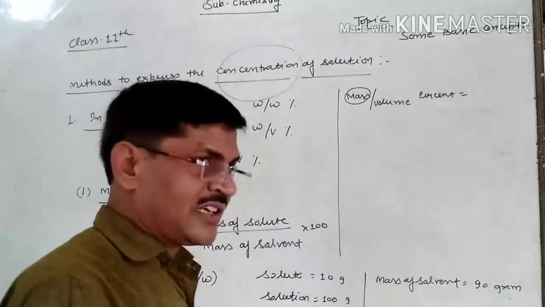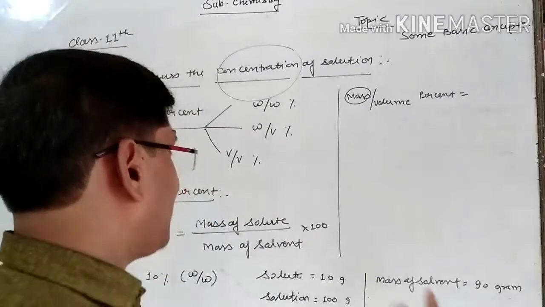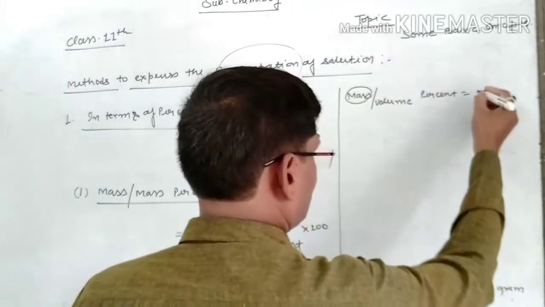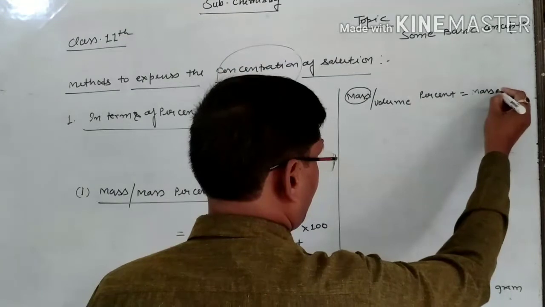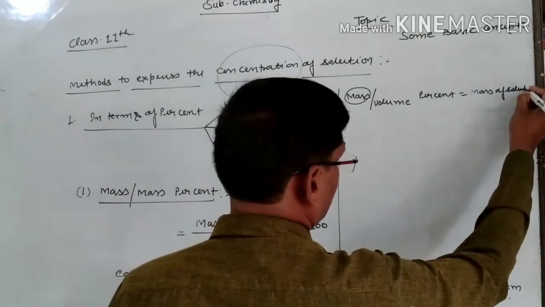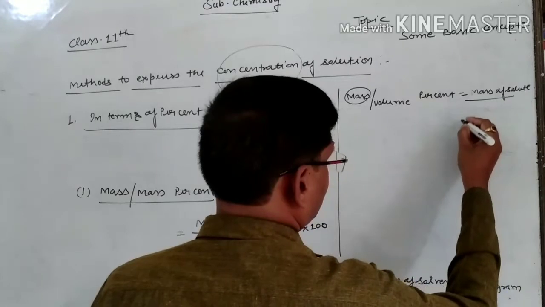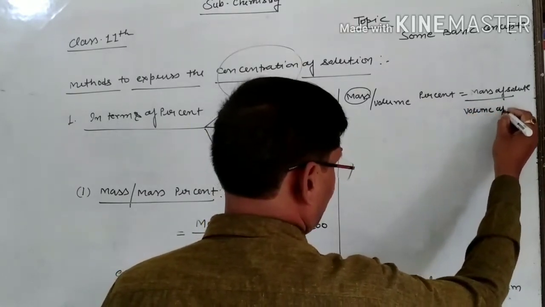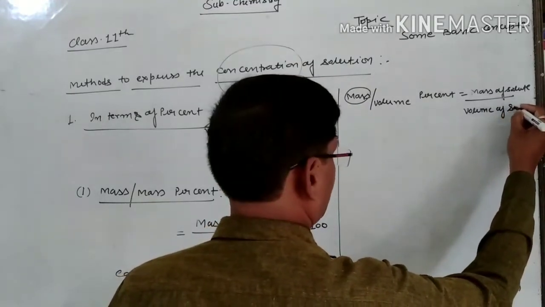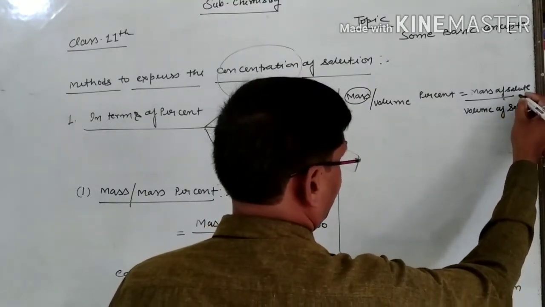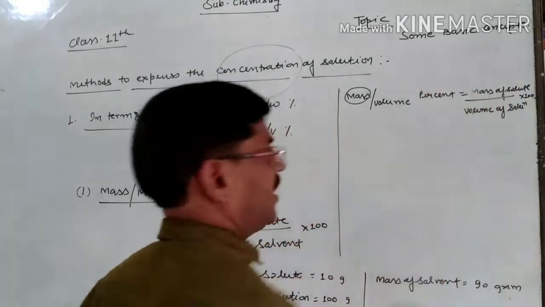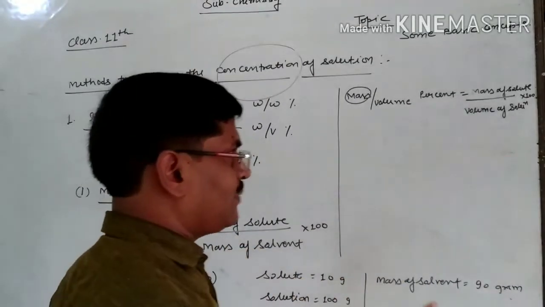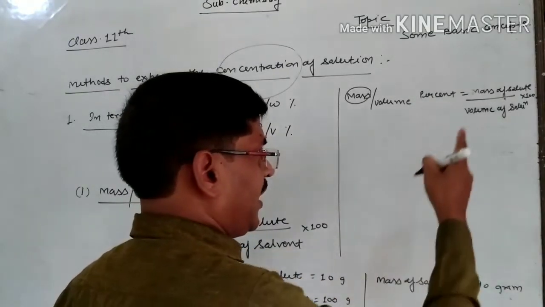If concentration is given in this way, then it is in terms of mass upon volume. So what will be the formula? Mass upon volume percent is equal to mass of solute upon volume of solution into 100.